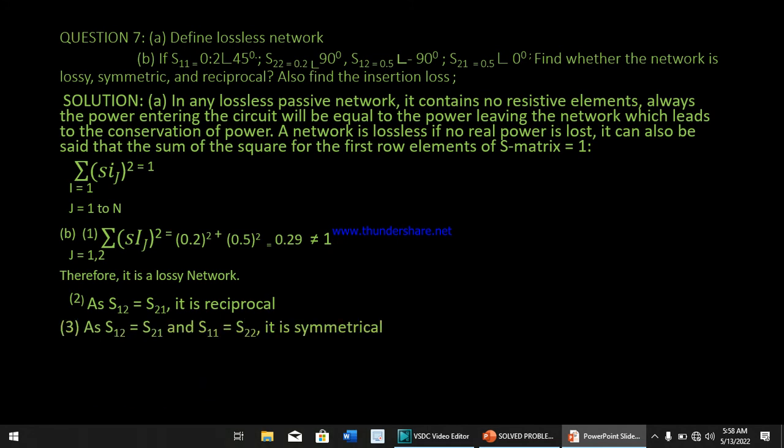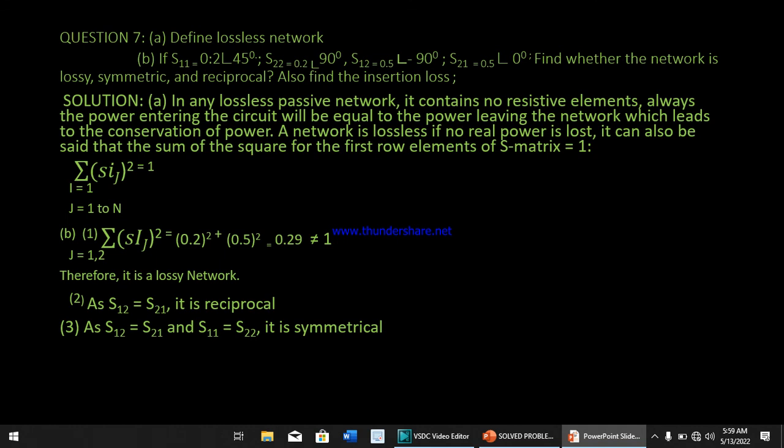In the third aspect, we want to know if the network is symmetrical or not. For this network to be symmetrical, S12 must be equal to S21 and S11 must be equal to S22.